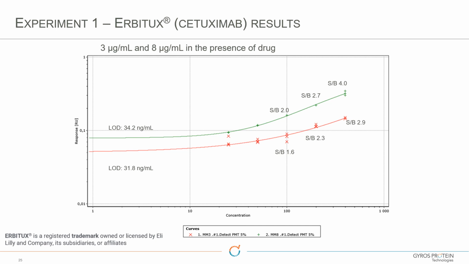The 2 master mix concentrations give very similar sensitivity levels. The response is higher with the 8 microgram per mil, but based on this data, we will probably continue development using the 3 microgram per mil and look at concentrations around that level.